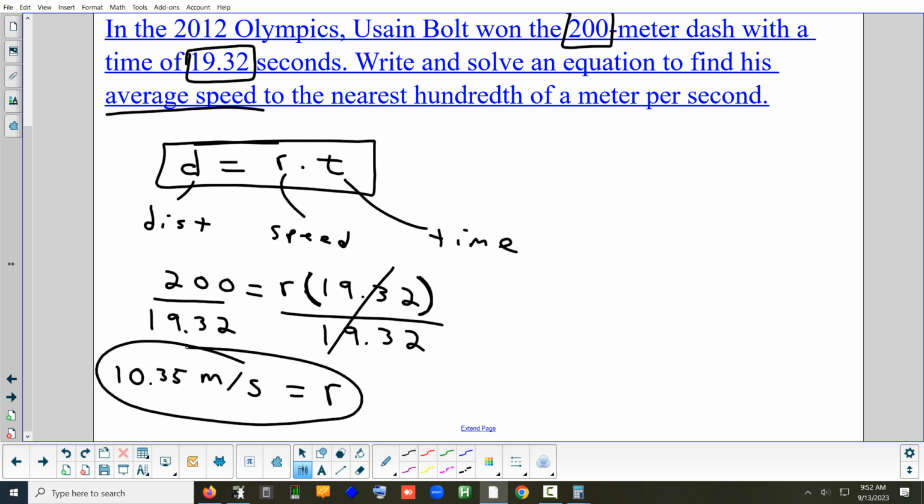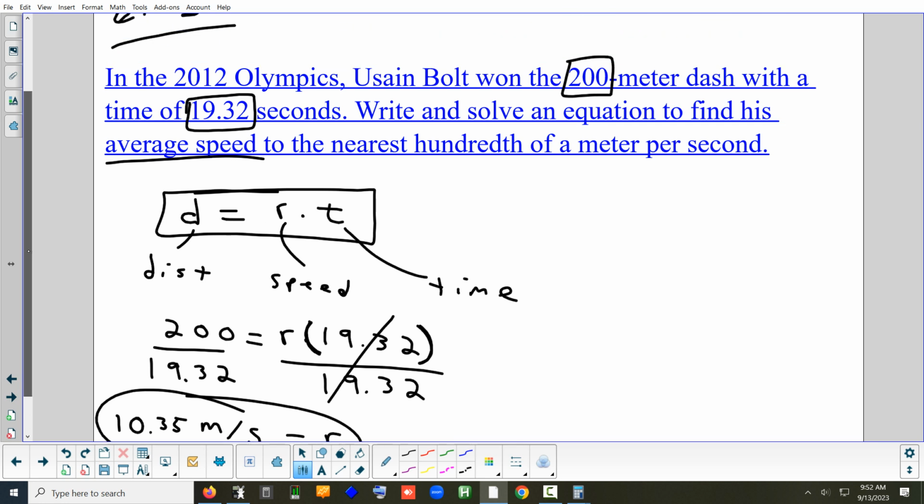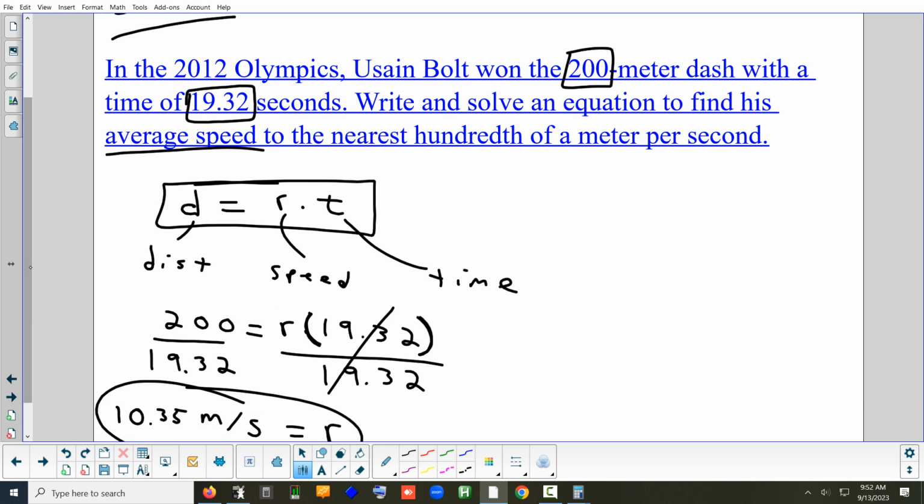Well, this is probably a European measurement, so they use meters. Well, I shouldn't say European. It's actually pretty much every country except the US uses meters. We use feet and inches. All right. So that formula is something you might need. Distance equals rate times time. And now you have it.